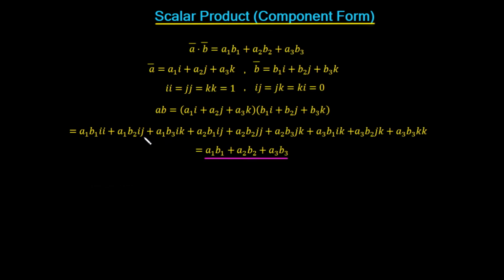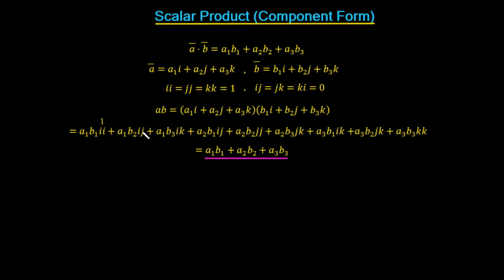But a thing to notice here is that we're going to use these identities to simplify this, because we know that i times i is equal to a value of 1. So this i times i would give you a value of 1. So I'll just pop it above there. So that's going to give us a value of 1.